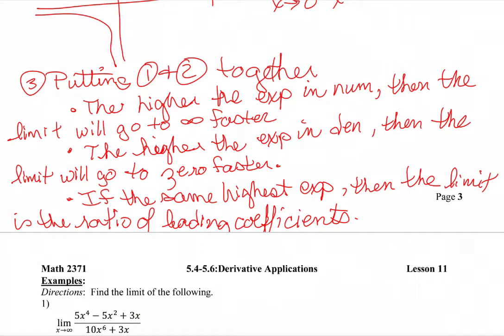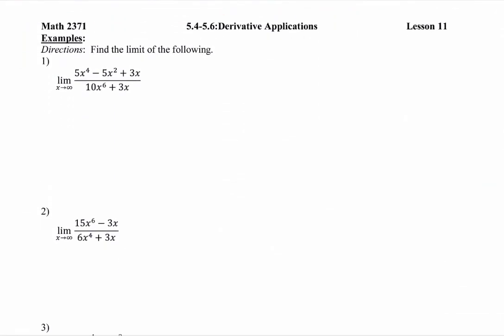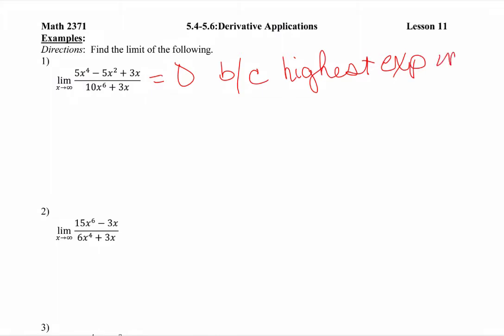Okay? So now let's get to some examples. Where's the highest exponent? Denominator. So what's the limit? Highest exponent's in the denominator, 0, because highest exponent in denominator.